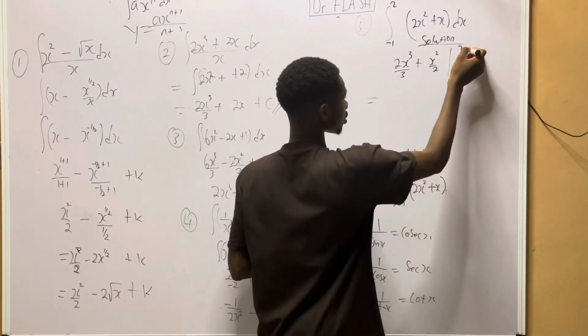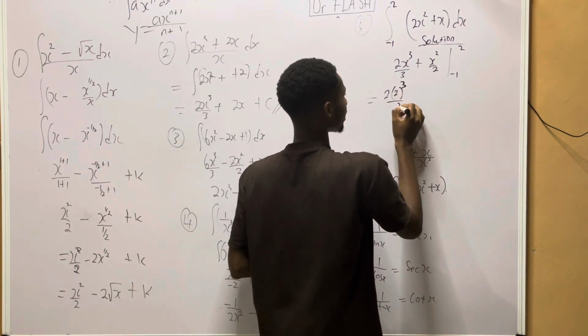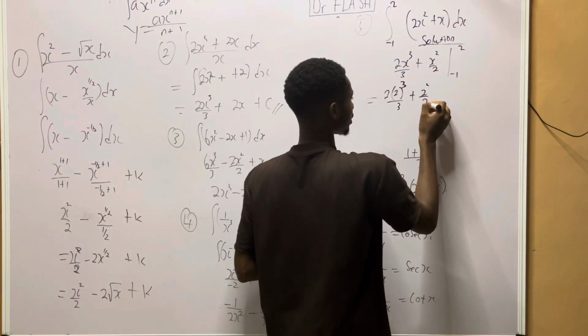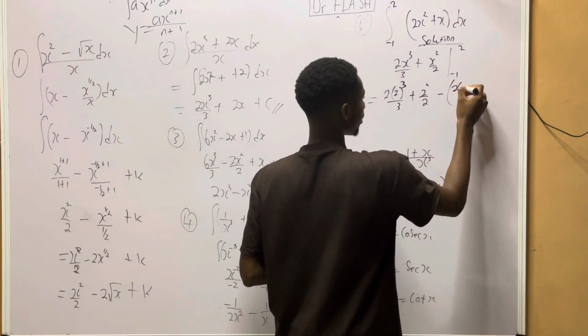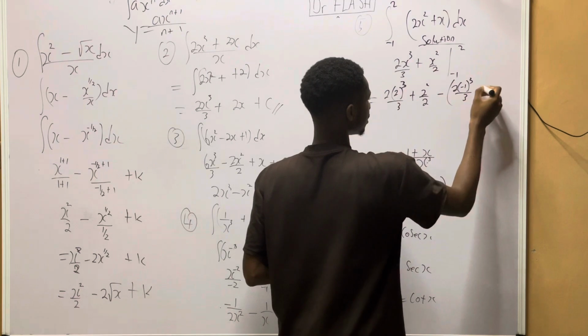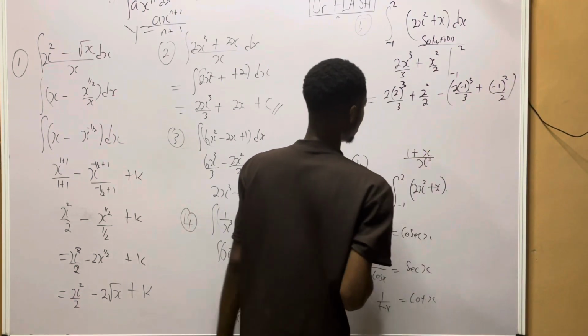So by doing that, substitute 2, we have 2 into bracket 2 cubed over 3 plus 2 squared over 2, that's the first one, minus, by substituting in minus 1, you have 2 into bracket minus 1 all cubed over 3 plus minus 1 all squared over 2. So that's what we're going to get.